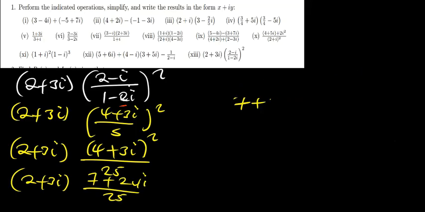So we come here and I'll continue from this part here. So we are now multiplying. It is 2 times 7, which is going to give us 14. Then 2 times 24 is 48i. 3 times 7 is 21i.